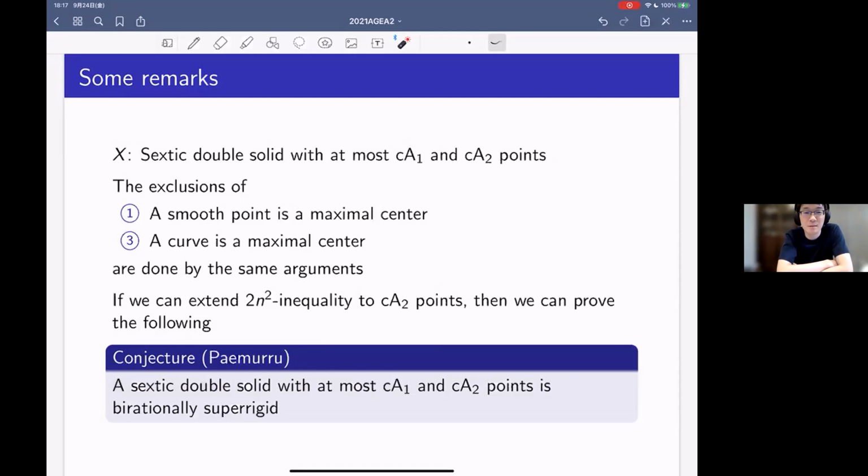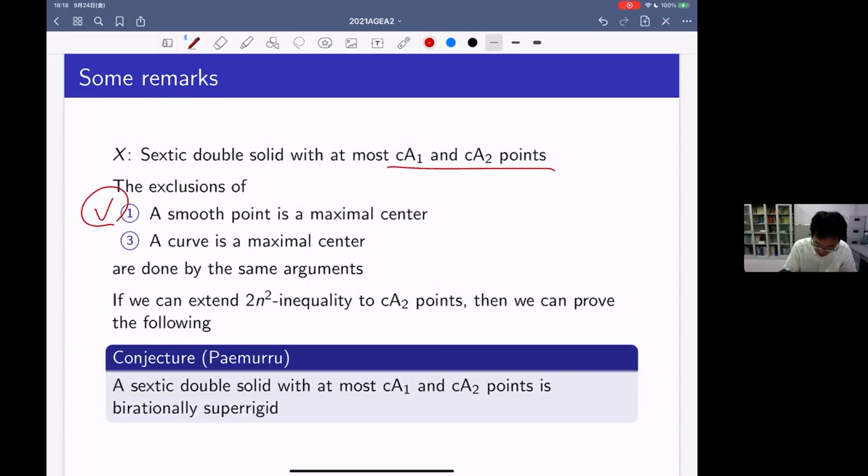Any other questions or comments? Excuse me, for the last conjecture, how about considering the singularity of cA3 points, or higher? Thank you very much. For cA3, the smooth point is of course okay for any singularity.